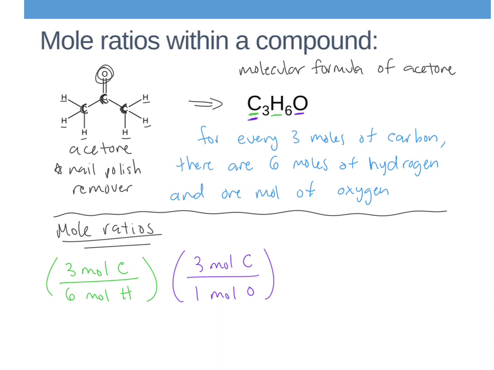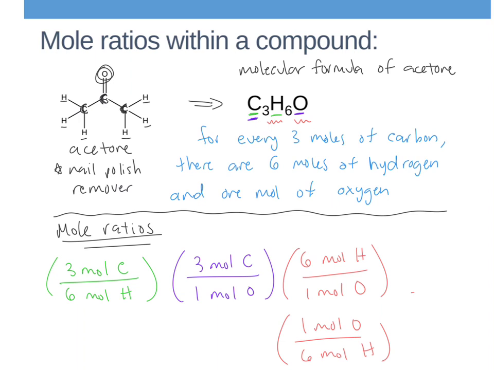And I don't have to stop there. Let's compare how many moles of hydrogen there are relative to moles of oxygen. There are 6 moles of hydrogen for every 1 mole of oxygen. I wrote each of these one way, but I could have flipped it: for every 1 mole of oxygen, there are 6 moles of hydrogen.